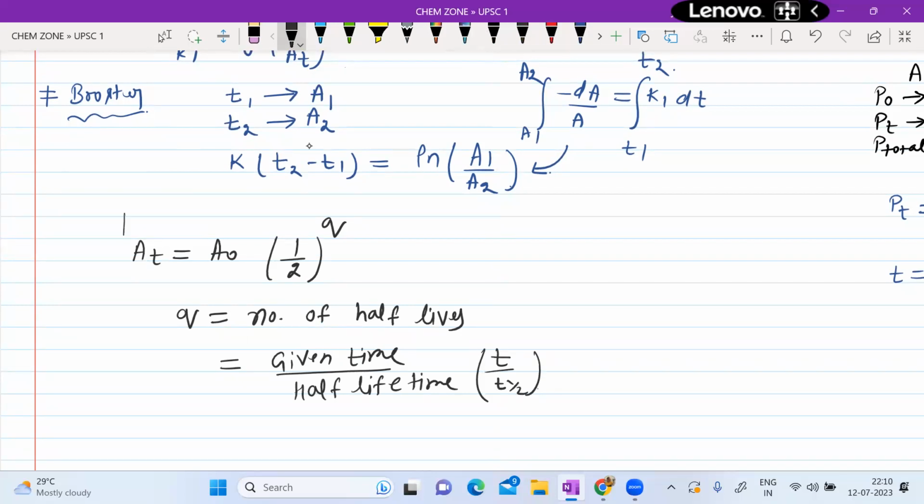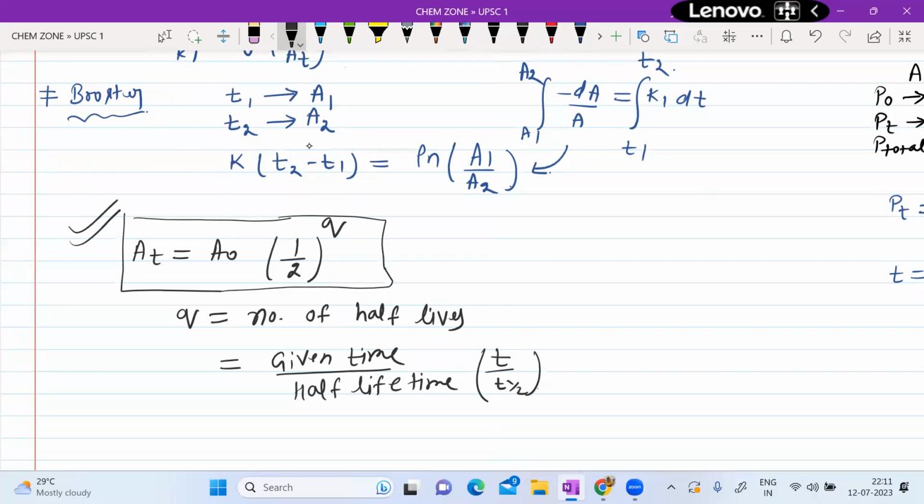In some problems in which half-life is given to you and it is asked to calculate the concentration of reactant after 3 half-life time, 4 half-life time, or some other time, then you can directly use this formula.